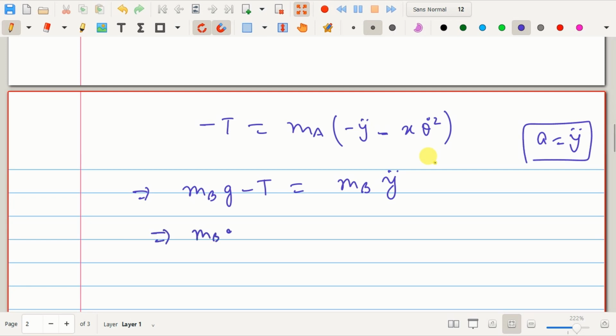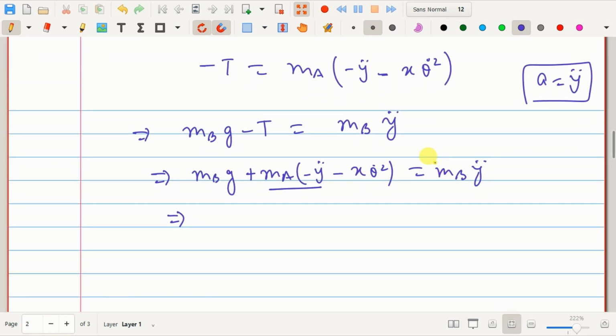So we can write mB g minus T, instead of mA a, as mA times y double dot minus x theta dot square, is equal to mB y double dot. Taking this guy to this side, we are left with mB g minus mA x theta dot square is equal to mB plus mA times y double dot.